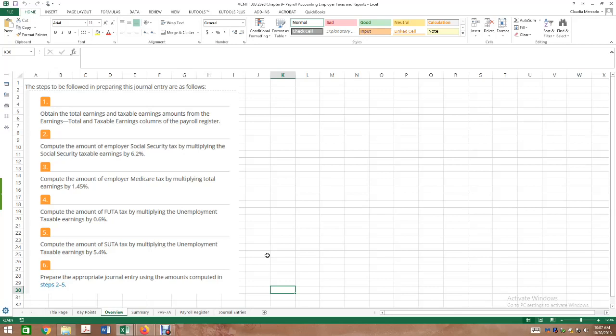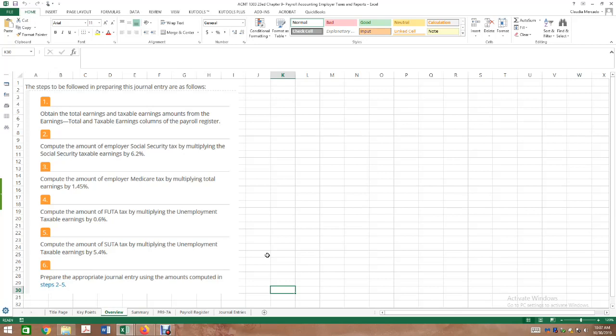Then you're going to compute the amount of the Social Security tax by multiplying your Social Security taxable earnings by 6.2%. Then you're going to compute the amount of the Medicare tax by multiplying your total earnings by 1.45%. Now, look at the difference between 2 and 3.